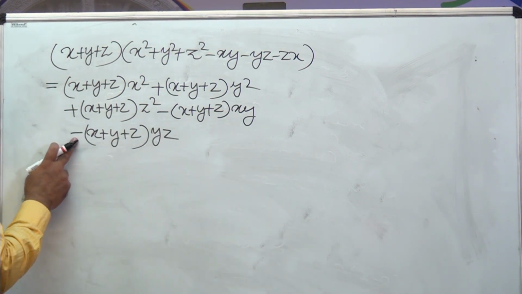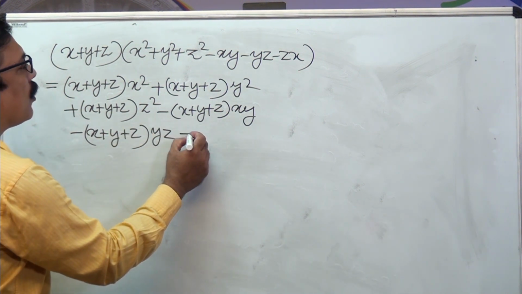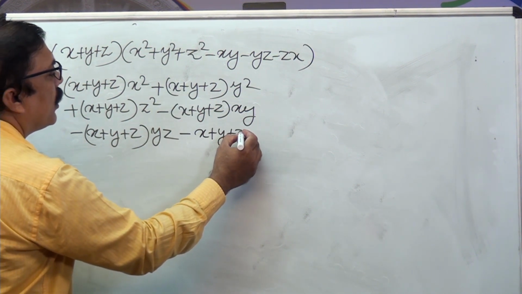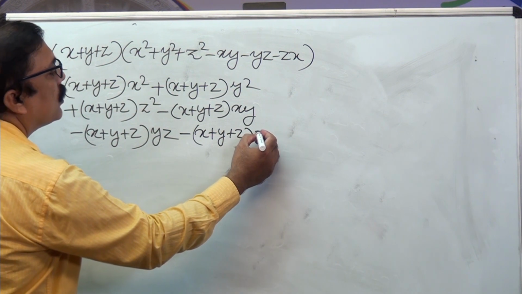So here it is written minus, and again x plus y plus z into zx.